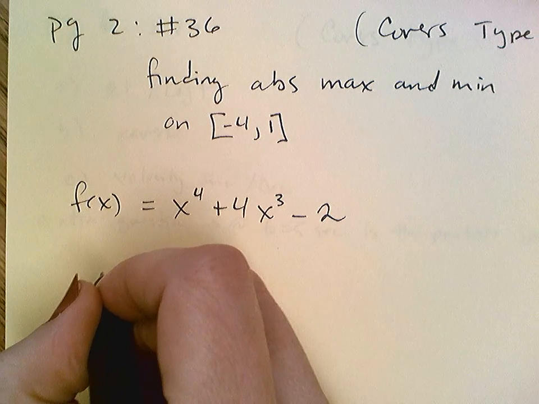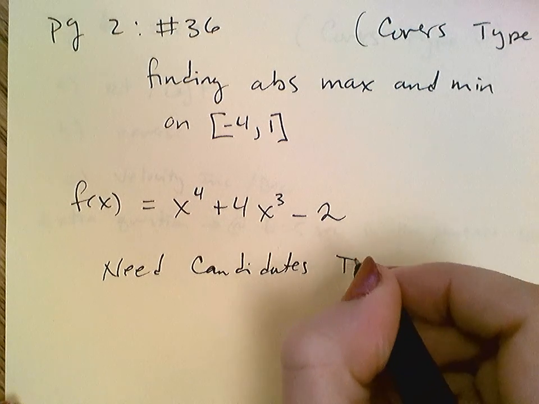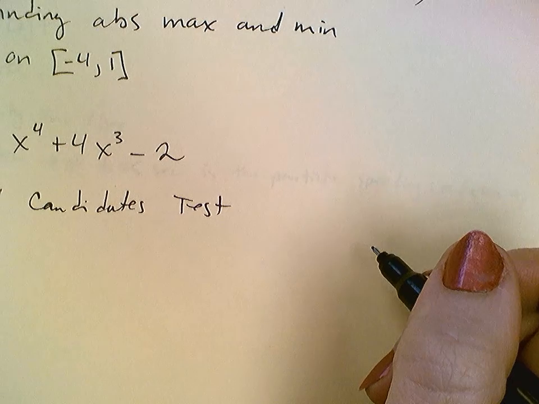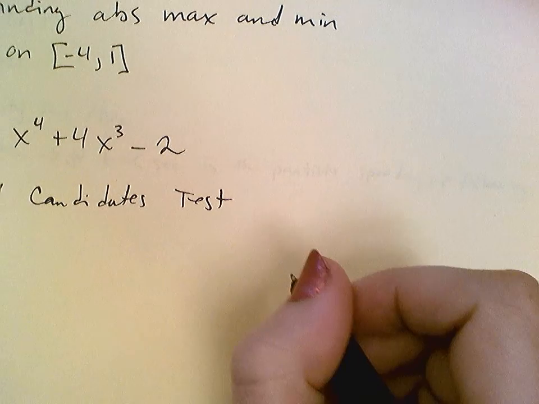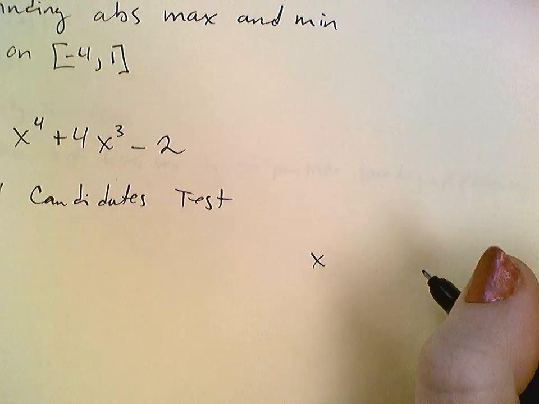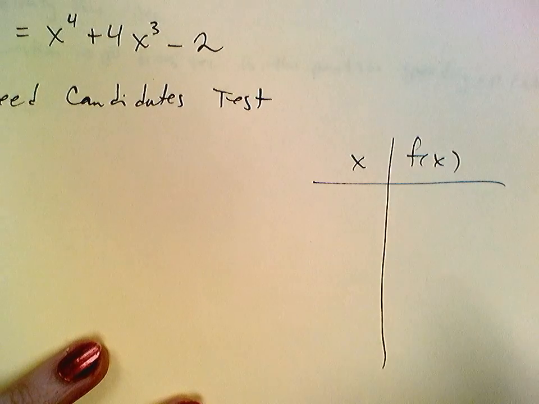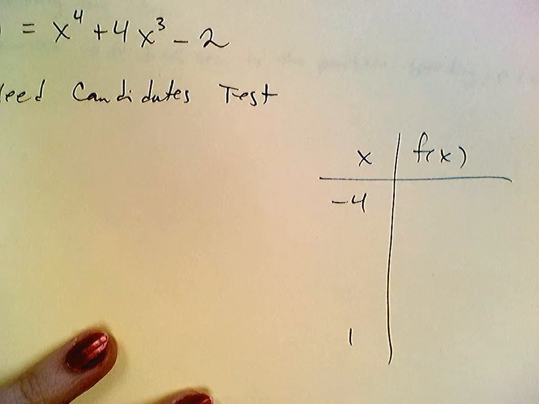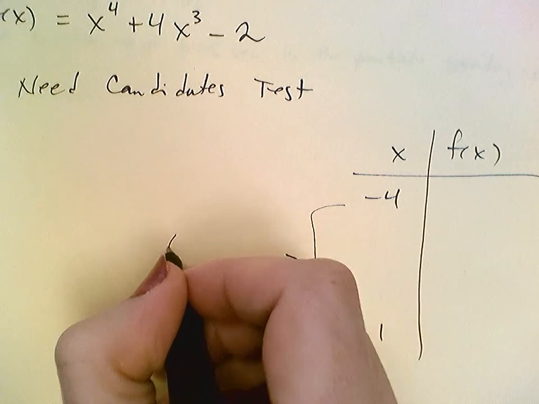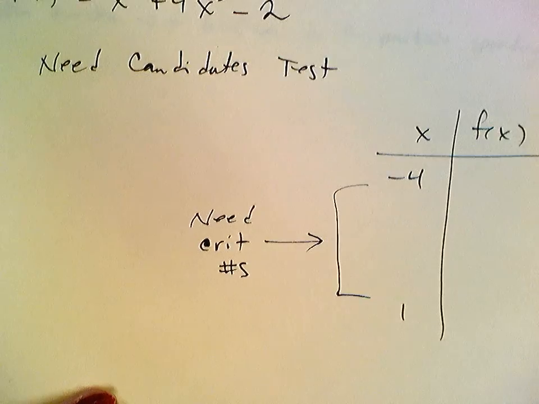So we need the candidates test. So we go over here. X, f of x. All right, so I put in the endpoints, -4 to 1. And then between here I need the critical numbers.